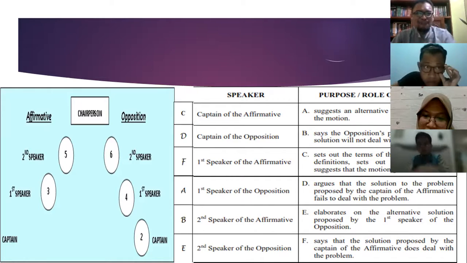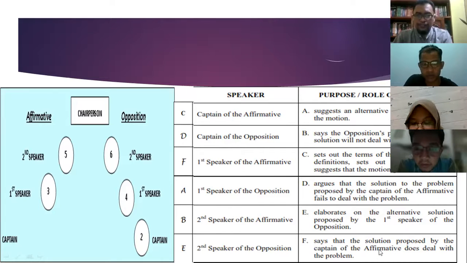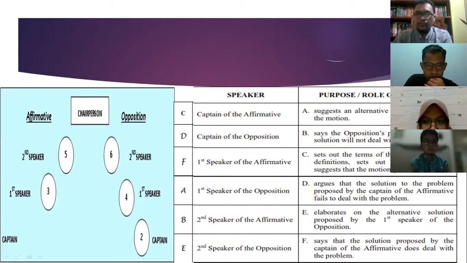So that's the answers. The captain of the affirmative is C, and the captain of the opposition is D: argues that the solution to the problem proposed by the captain of the affirmative fails to deal with the problem. And the first speaker of the affirmative, F, says that the solution proposed by the captain of the affirmative does deal with the problem. The first speaker of the opposition, A, suggests an alternative solution other than the motion because they disagree, right?